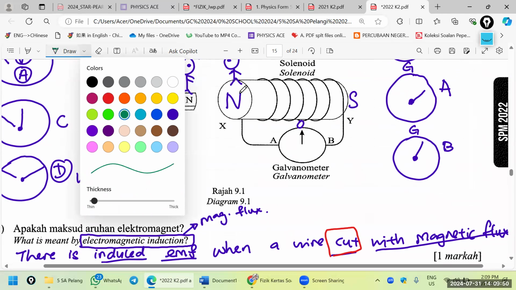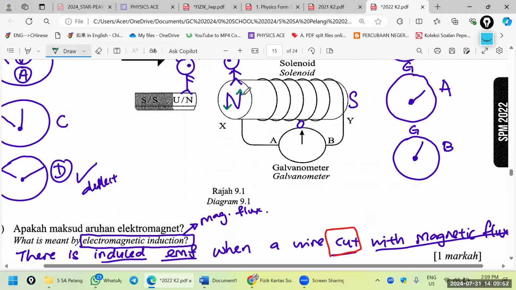If you don't remember, it doesn't matter. What should you do? You add an arrow at the end of the knob. Can you see it? If you are still not sure, add the clock here. This is 9 and 3. 9 goes down, 3 goes up, means anti-clockwise, right?